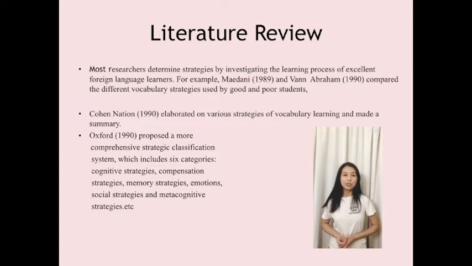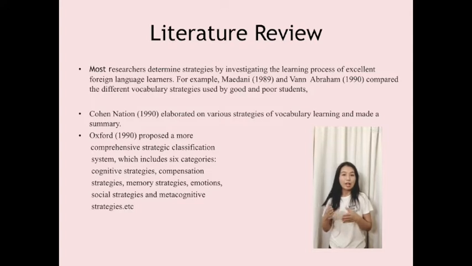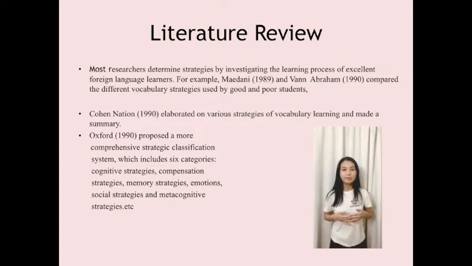Nation elaborated on various strategies of vocabulary learning and made a summary. He said, in face of different learning tasks, the higher the language level, the more likely the learners will choose to use different academic vocabulary strategies.